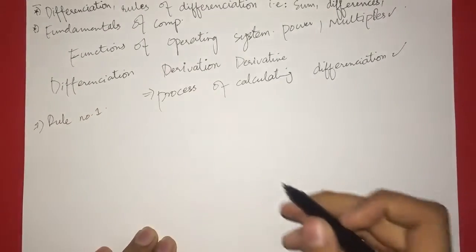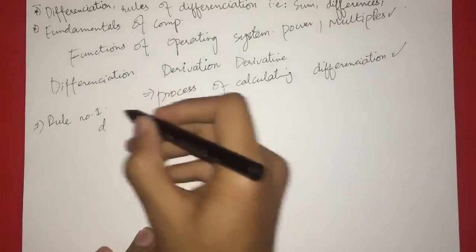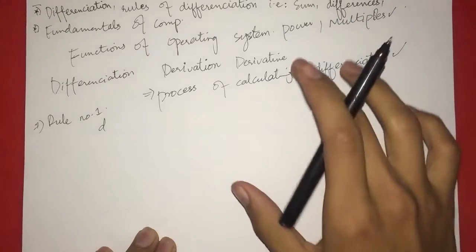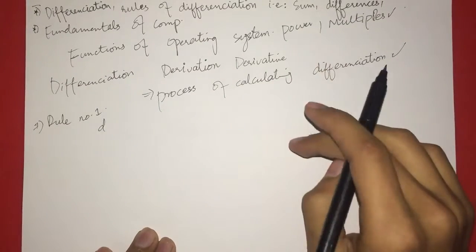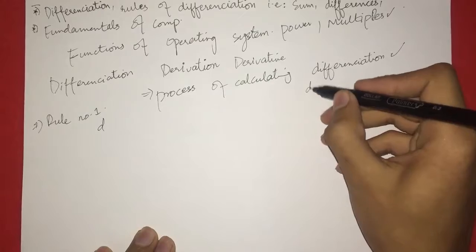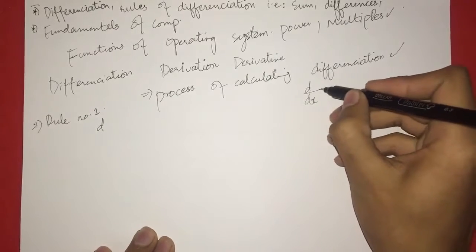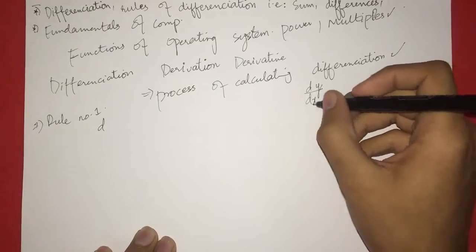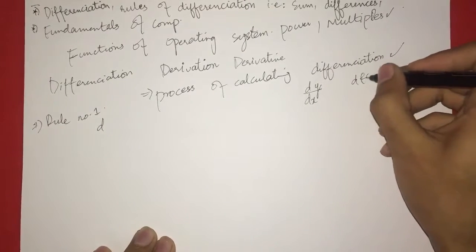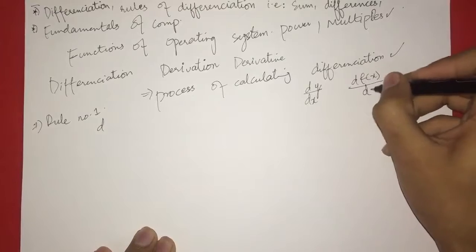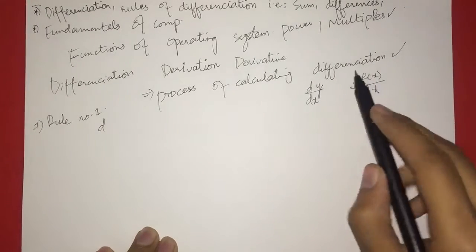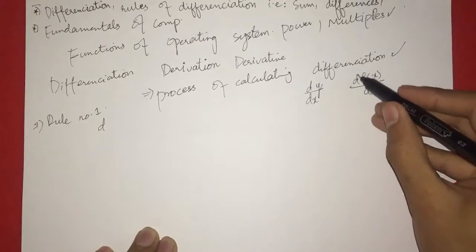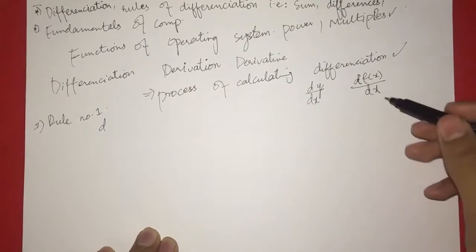In differentiation, the derivative of any function can be denoted by d by dx. So dy by dx means that you are taking the derivative of y with respect to x. If you say d of f of x by dx, you are taking the derivative of f of x with respect to x; y and f of x are the same thing.